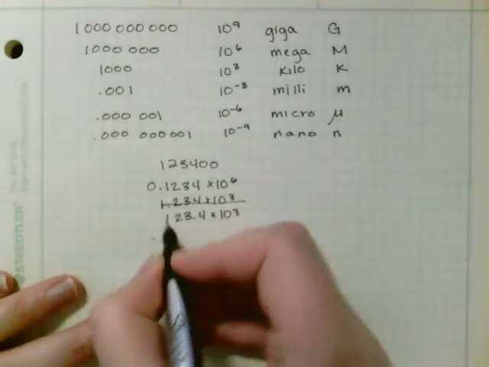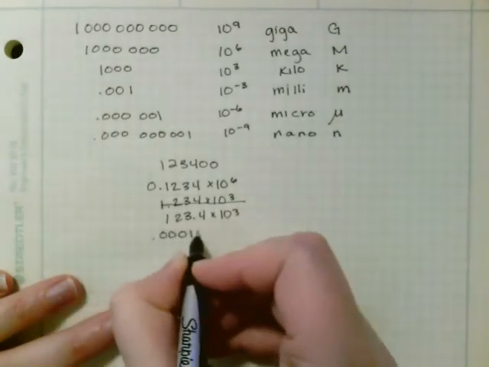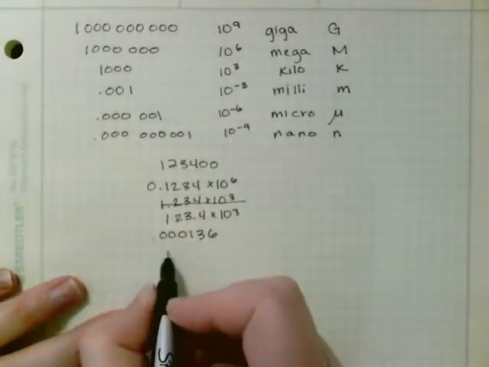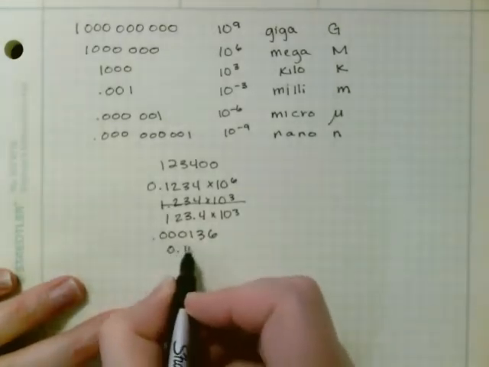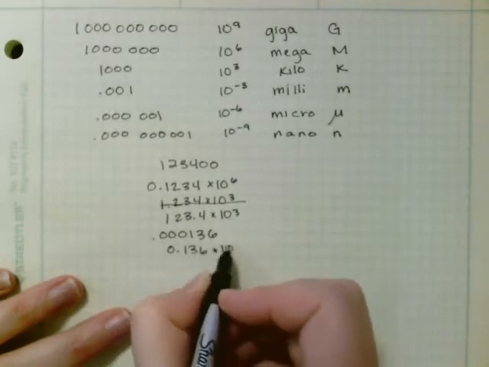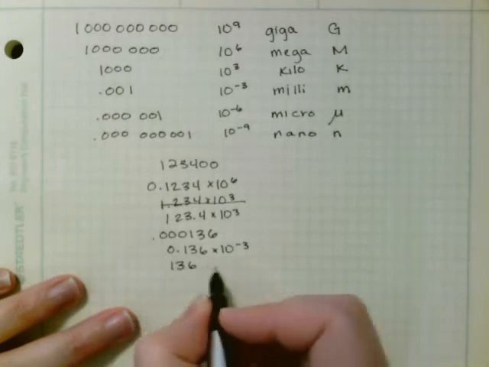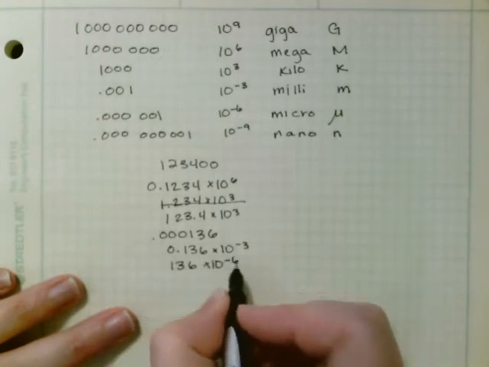So let's just do a few others. If this is our number, we can also express it as 0.136 times 10 to the negative 3rd, or 136 times 10 to the negative 6th.